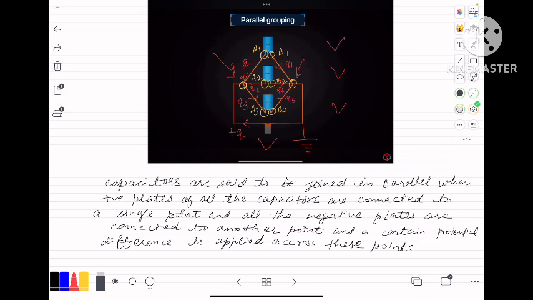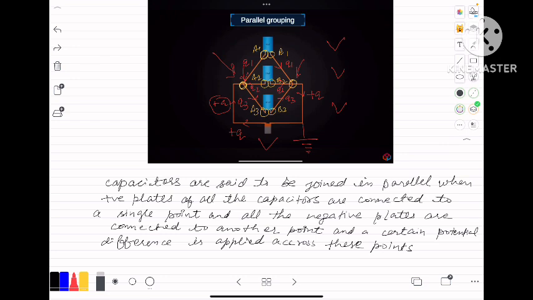But at the end, the same charge will be on both sides of the combination. Plus Q charge here and plus Q charge which flows to the earth.